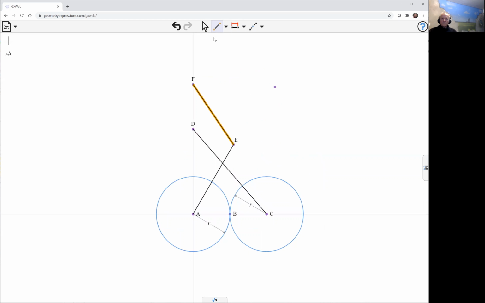So this fixed line, we need to engineer it so that this length is A. And just to enforce that it's sort of in the background, I'm going to make that grey.